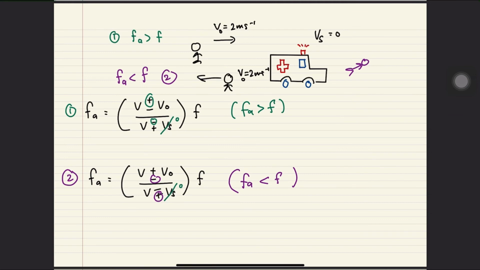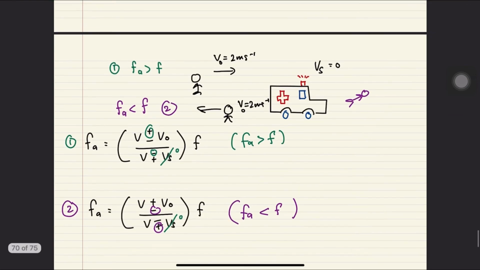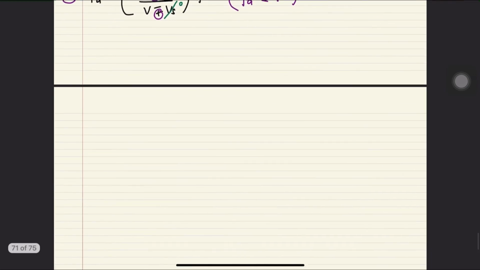Okay, I think I pretty much covered the situations that they might ask in the exam. One more thing that you might need to know, or not, I'm not sure. You have a graph for this situation, frequency against position.